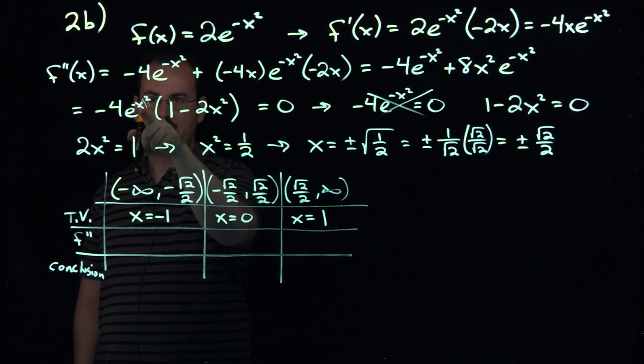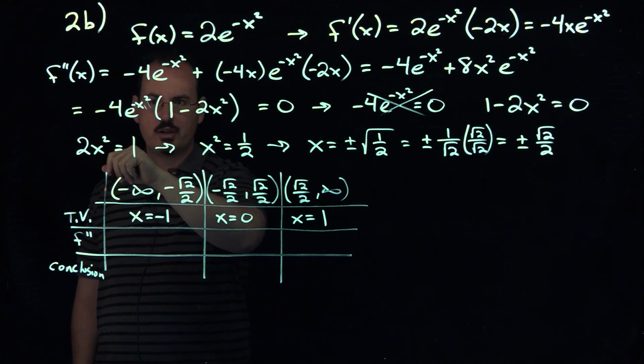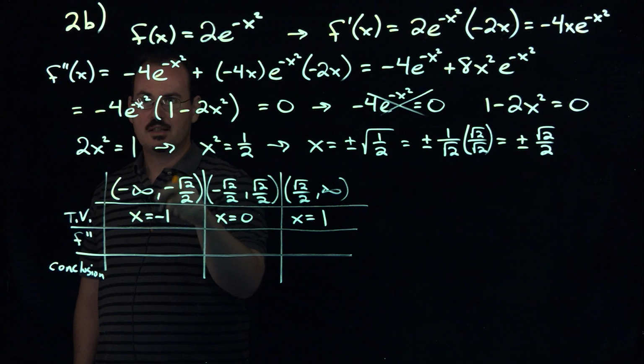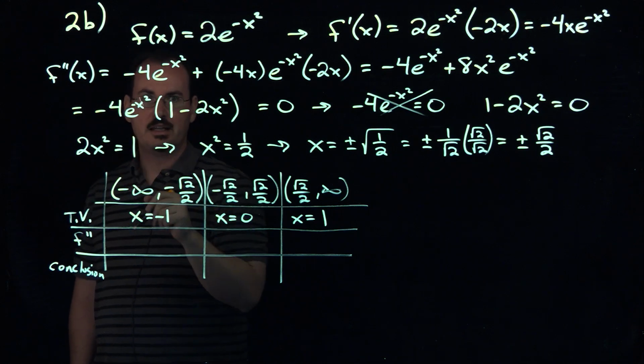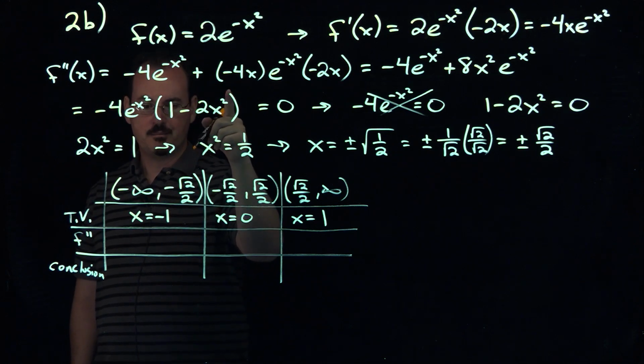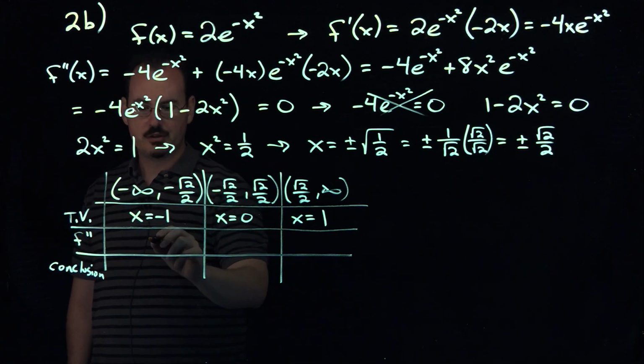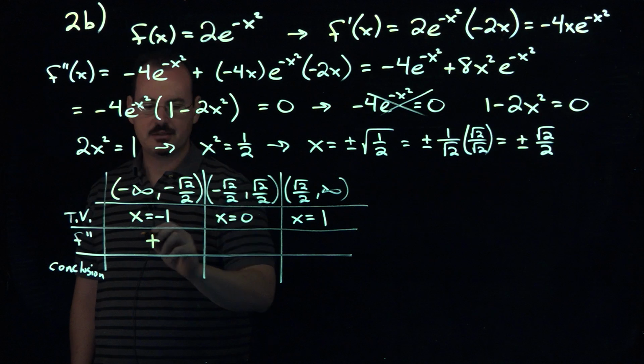When I plug -1 in here, it doesn't matter what that is. This is always e to the negative x squared. That's always going to be positive. But since we've got a -4 there, that makes this term also negative. So I've got a negative term here, and I've got a negative term here. So the second derivative is positive there.